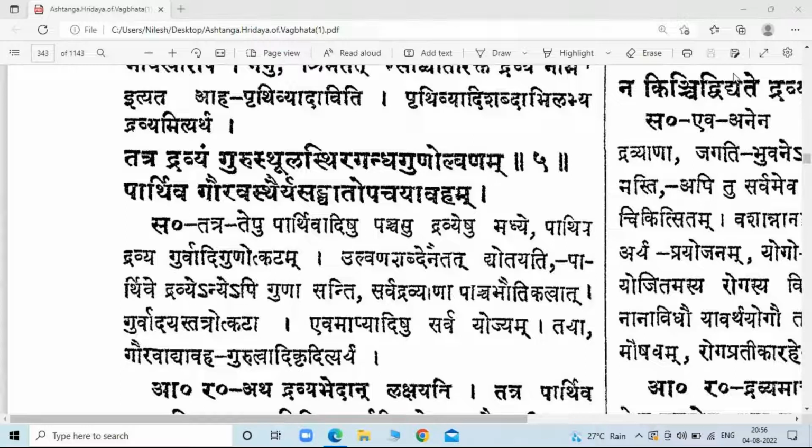So this prithaktvam and vibhagam, sometimes they are confused. Prithaktvam syad asamyogo vailakshanyam anekata. That is how it is explained by Charaka.